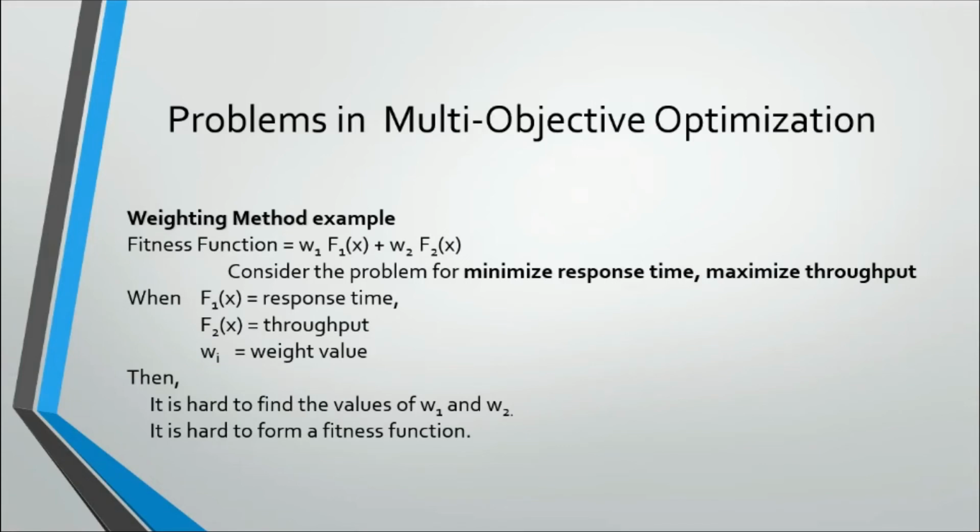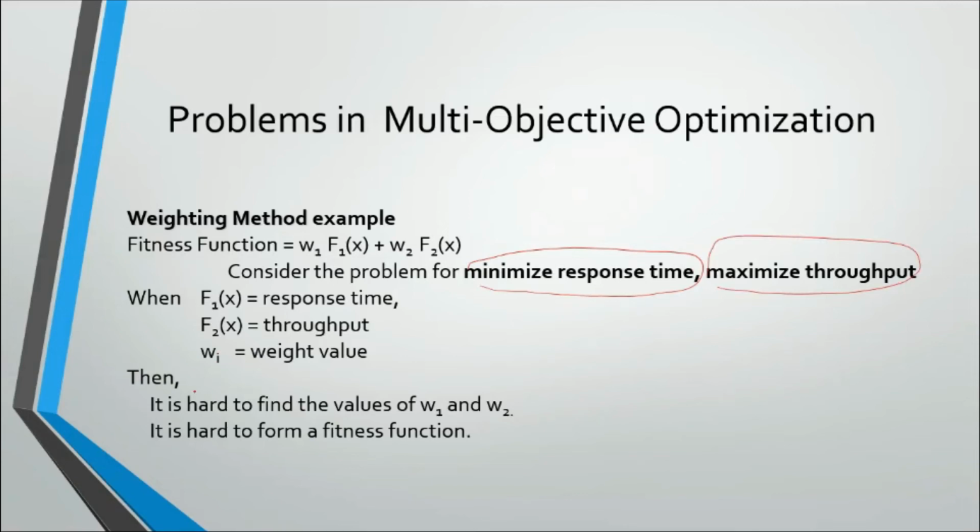In that case, the fitness function is something like W1 F1(x) plus W2 F2(x), where W1 and W2 are the weights given to each of the objective functions, F1(x) is the response time and F2(x) is the throughput, that is how much quantity is generated. The response time is to be minimized and the throughput is to be maximized.